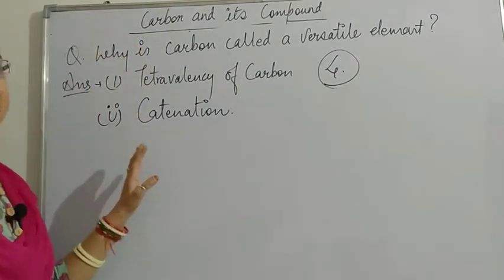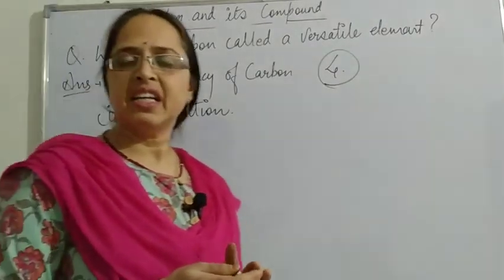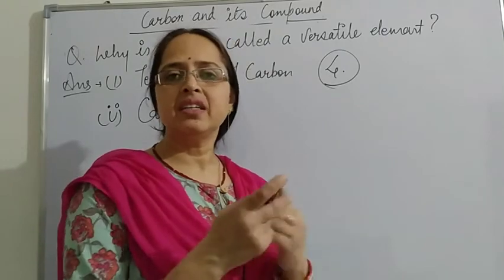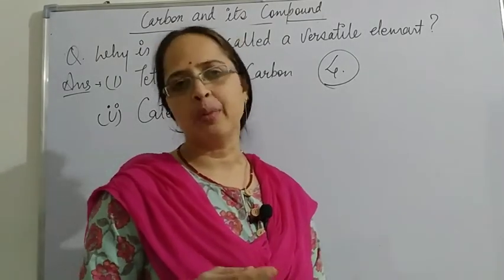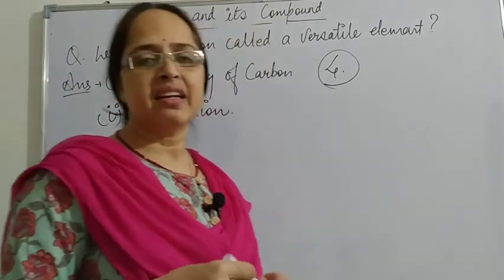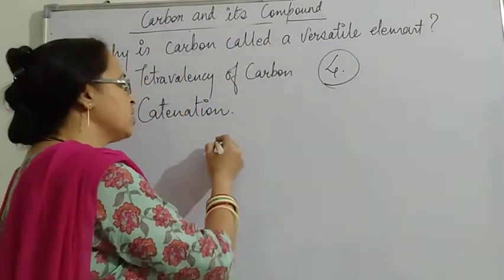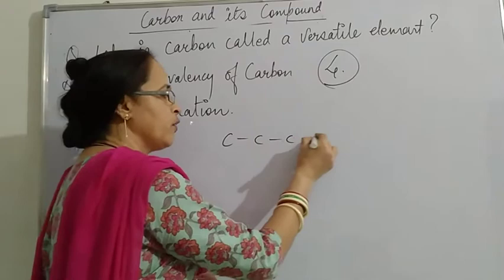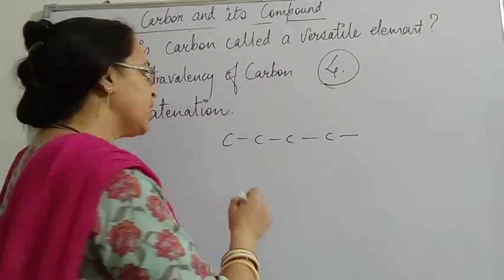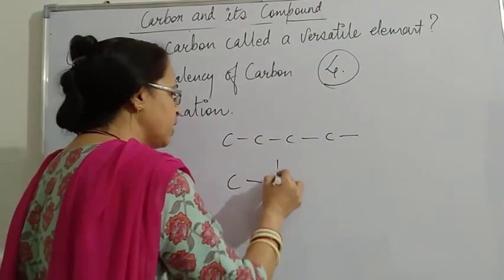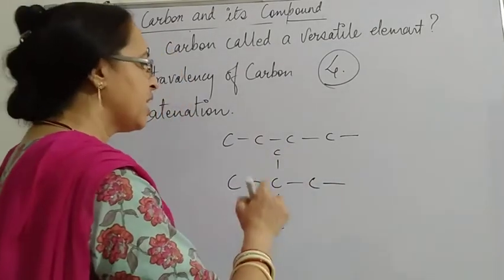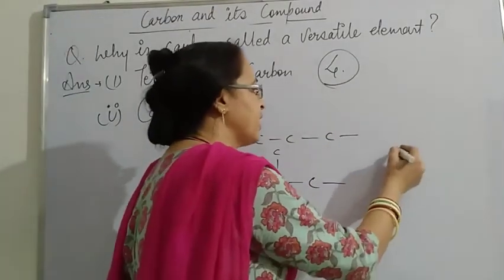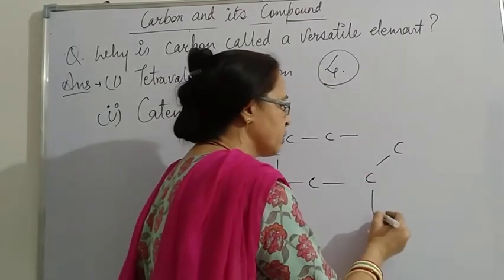Second is the catenation property. Catenation means interlinking: one carbon atom can link with other carbon atoms, and in that linkage it may form a long chain of carbon atoms, or it may form branching, or it may form a ring structure also.